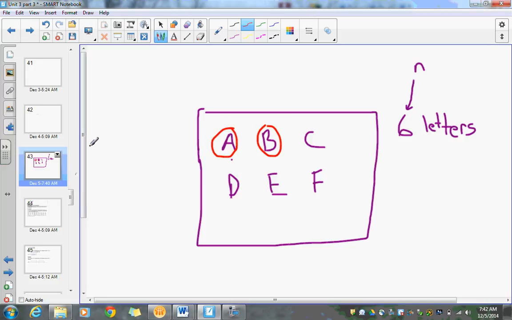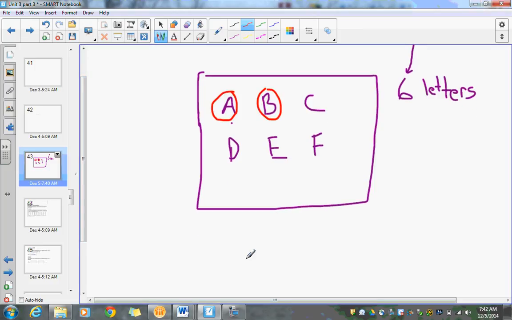Now, just like permutation, if I chose an A and a B, that would be one particular outcome. I can choose A or B. Now, this is where combination and permutation are different. But what if I went in and then I chose a B and then an A? Well, under permutation, both of these would count because although you're using the same letters, they are in different orders, so technically you'd count both of them.